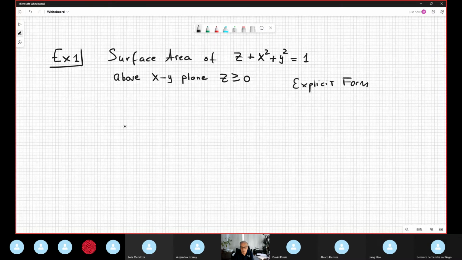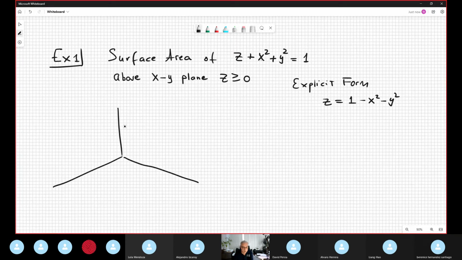You isolate the z. z is equal to 1 minus x squared minus y squared, something like that, right? So let me try to do my best. This is 3-dimensional space. No, the negative part of the z is illegal.